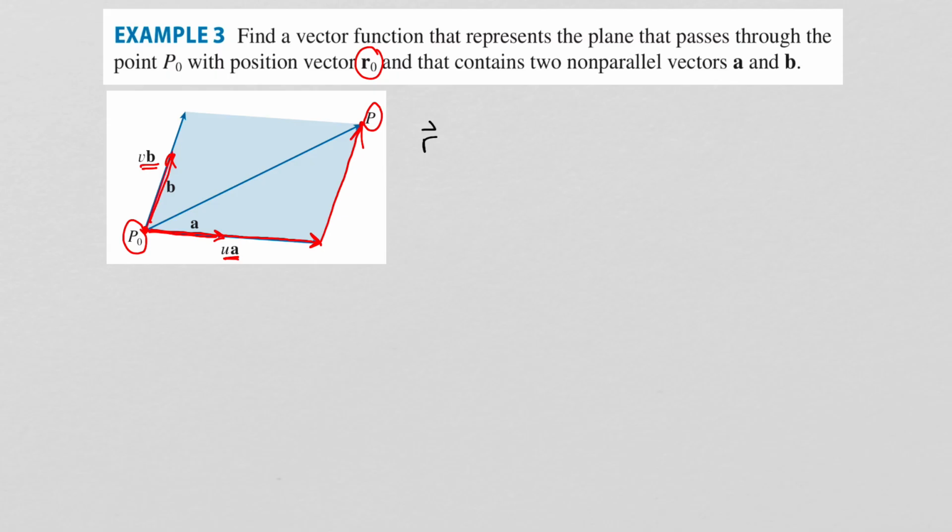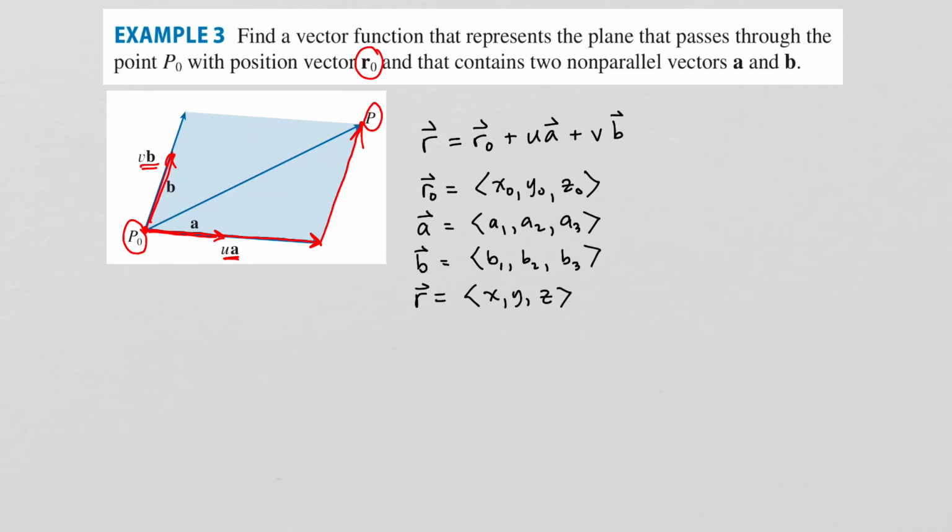So for the plane here, r is going to be the vector r0 plus some parameter u times the vector a plus some parameter v times the vector b. So if we think of the vector r0 as having coordinates x0, y0, z0, and the vectors a and b having coordinates, as you see here, then any vector r having coordinates x, y, and z, where x, y, and z is a point on the plane, would have to satisfy this equation.